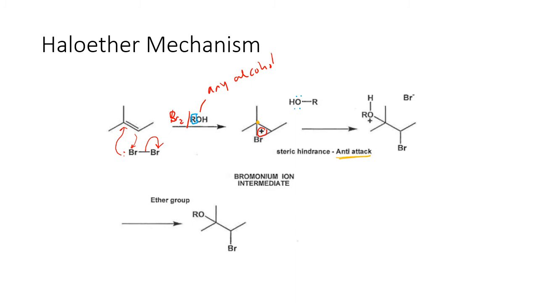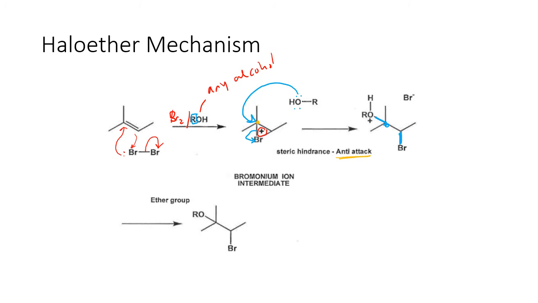So just like with water, we still start with the alcohol. The alcohol will attack from the opposite face, the more substituted side, and break open the bromonium ion intermediate. So we have a new bond here between our more substituted carbon and the oxygen of the alcohol, and our halogen is bonded to the least substituted side.